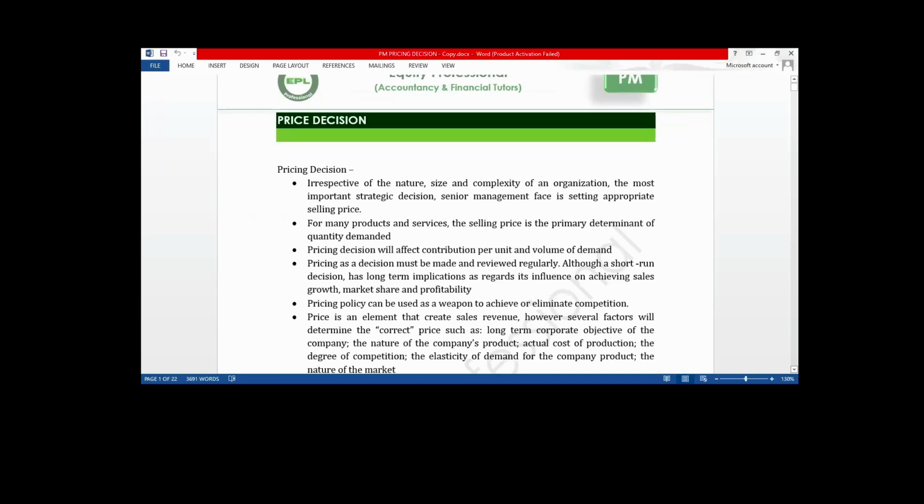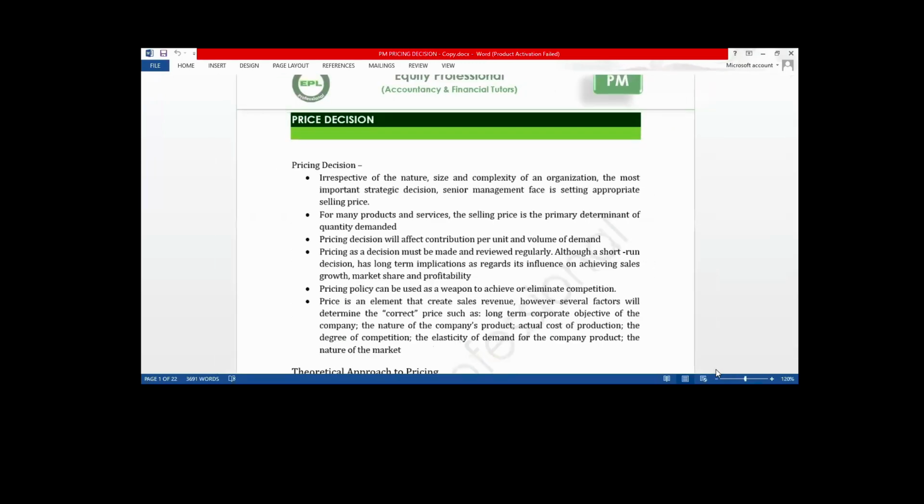Even as an individual, if you approach an interview and you are being asked to name your price, how much should we pay you? That question is very delicate.